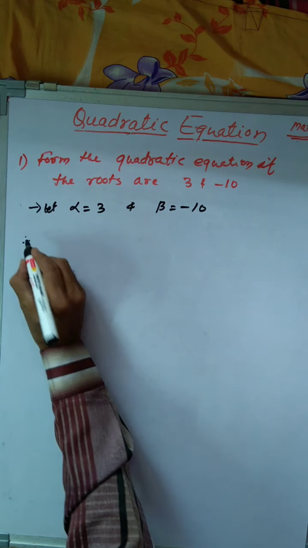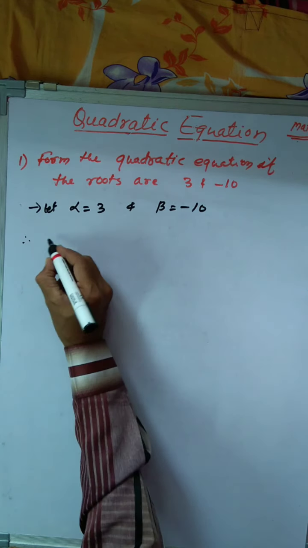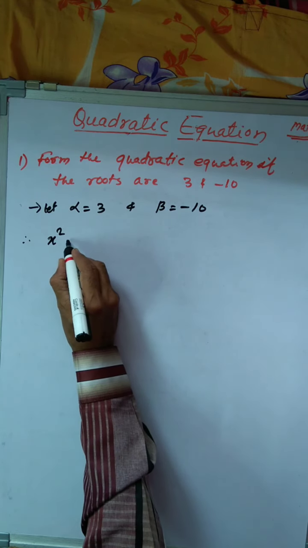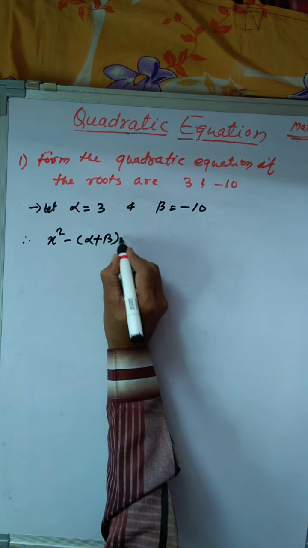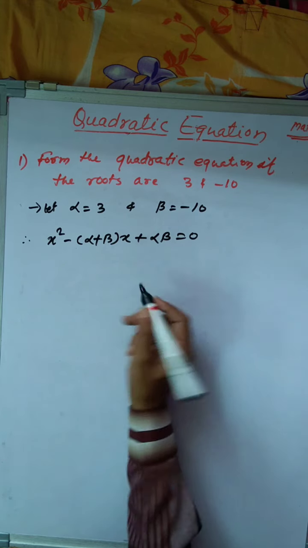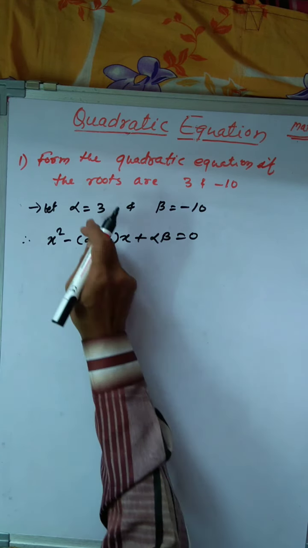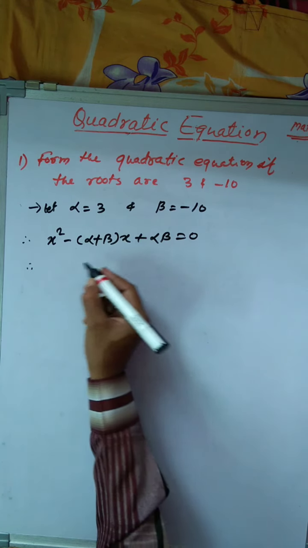Now the form of the equation if the roots alpha and beta are given is x square minus (alpha plus beta) x plus alpha into beta is equal to 0. That means we have to add these two roots and find the product of these two roots.